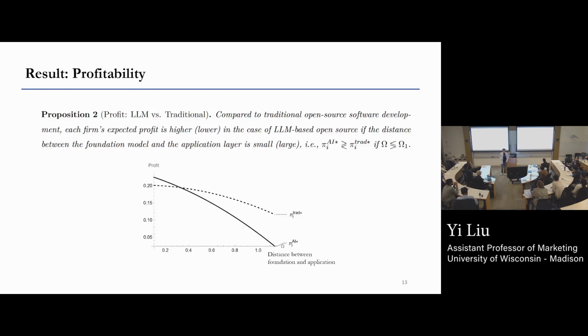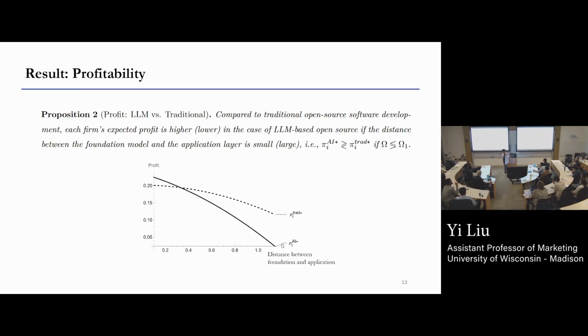The more interesting result happens in the profitability. If you think about these two effects, the first effect is what we call fine-tuning uncertainty. Basically you add some negative impact on the vertical dimension when you try to do fine-tuning, right? So it seems like a bad thing for firms. Another impact is the collaboration inhibition effect. It's also a bad thing for firms, right?